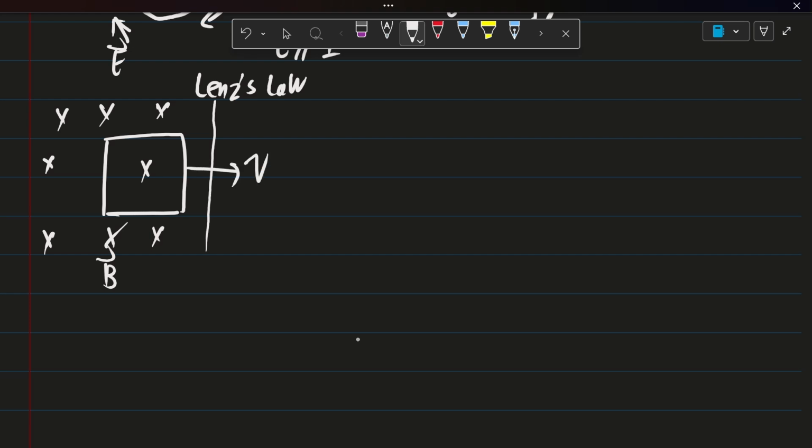So there's a velocity, and there's no current. It's just this one coil, and we are trying to pull this out. Let's figure out what power is needed for us to bring this out.